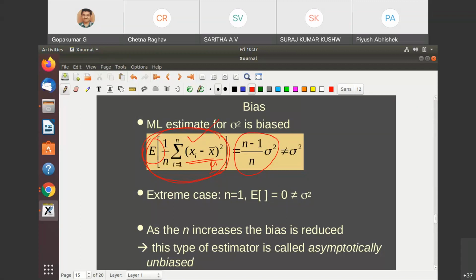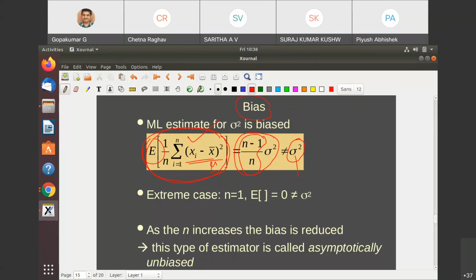But that is different from the original sigma square, because sigma square is the variance. And we have a bias coming here in the form of n minus 1 by n. So there is a bias with the variance in this particular analysis.